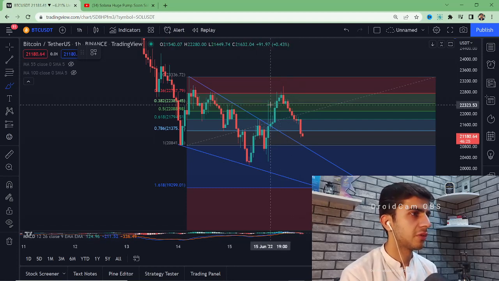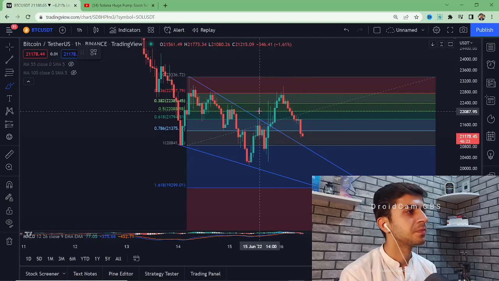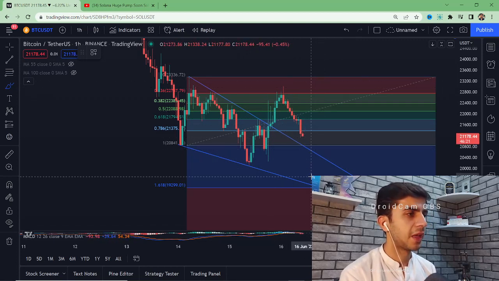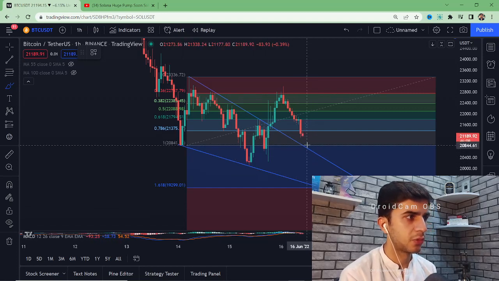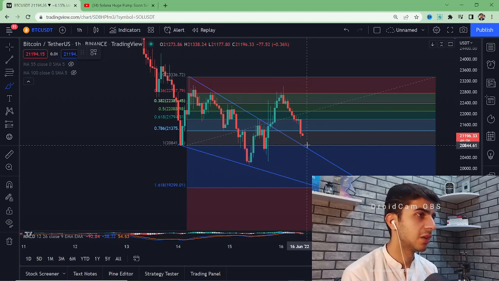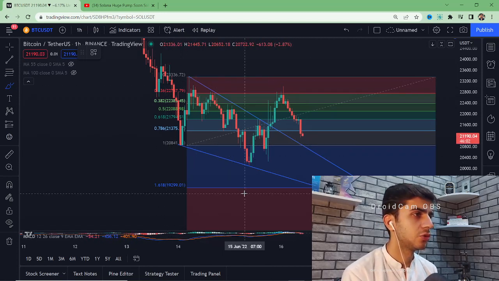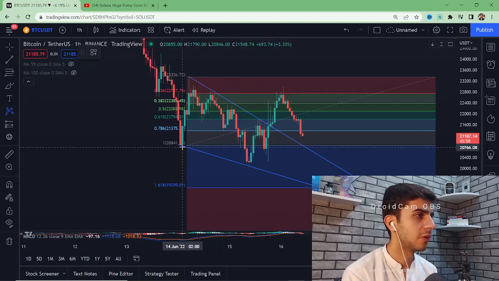So for this scenario, I would expect another lower low, maybe, but not necessarily. It has broken down this one, and this is not such a big support, but it can act as a good support. Let me just take the confluence.